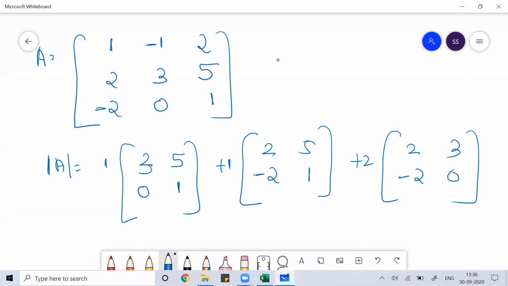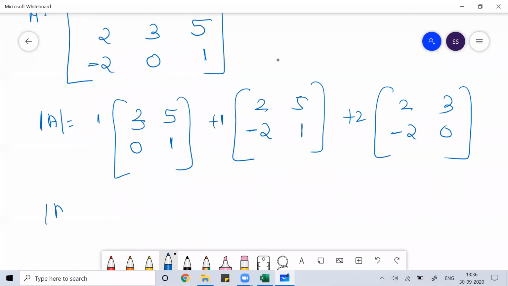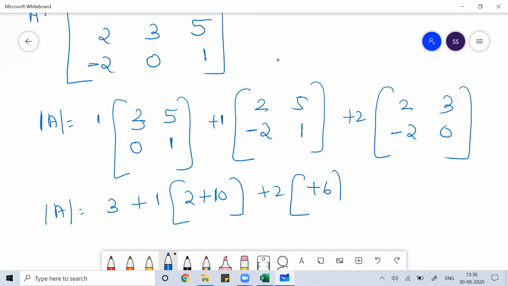I know how to find the determinant of a matrix, we have already studied that. So this is 3, this is 2 plus 10, this is plus 6. The determinant is 3 plus 12 plus 12, so 24 plus 3, which is 27.